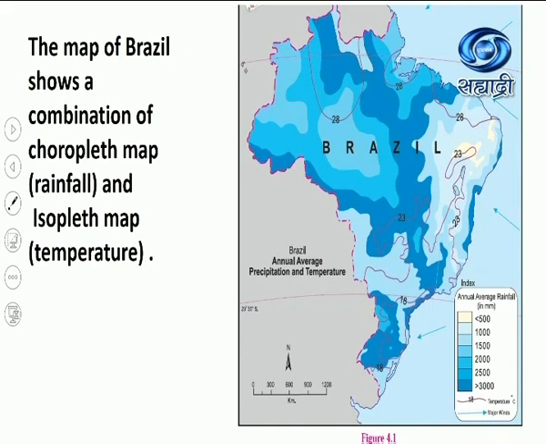We know the equator passes through the northern part of Brazil and the Tropic of Capricorn passes through the southern part of Brazil. As the equator passes through the northern part, a low pressure belt is formed in this area.